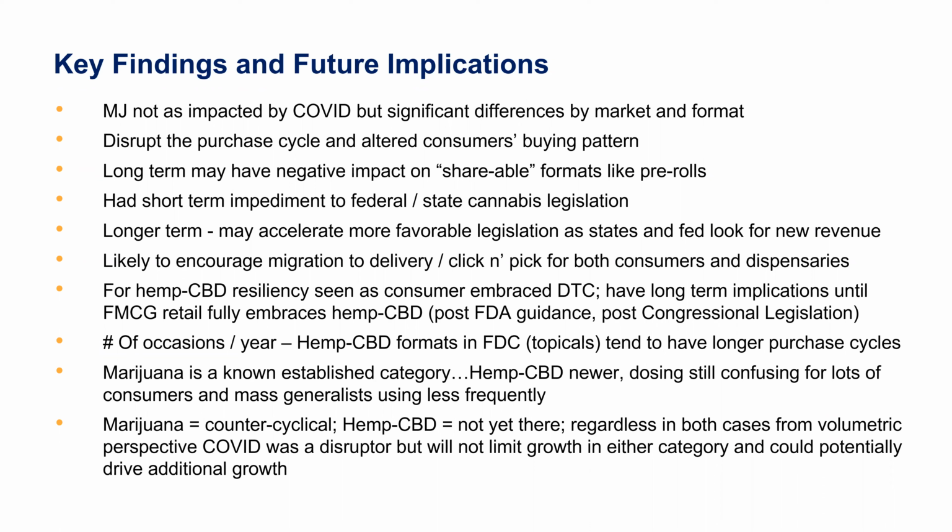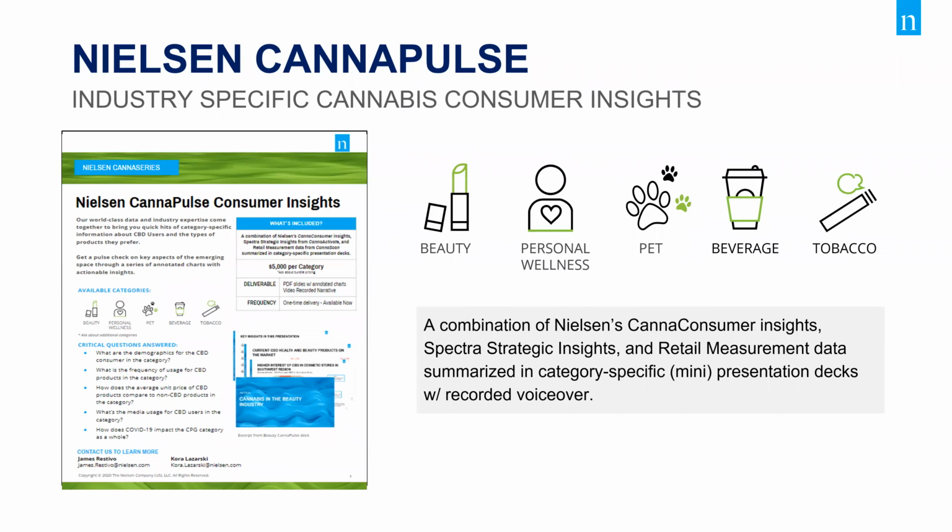And Rick wanted to talk just a little bit about a report that combines a bit of both data. Yes, thank you. Last thing, to Liz's point, we have this Nielsen Headset Cannapulse report that looks at some of these specific industries.